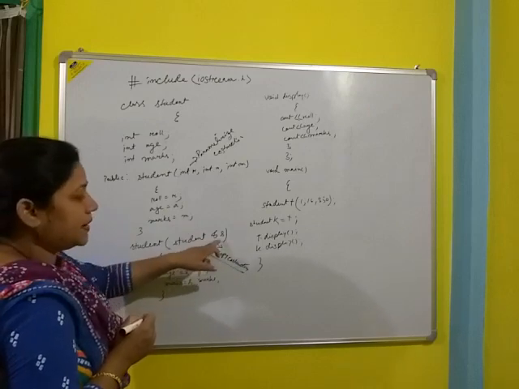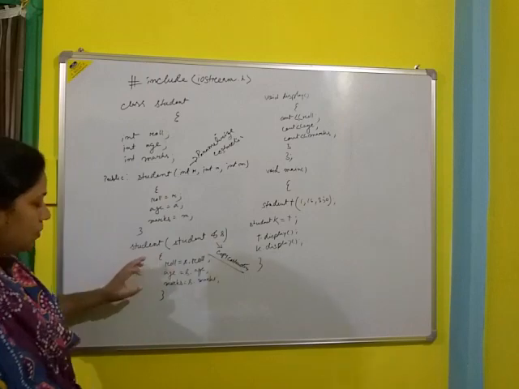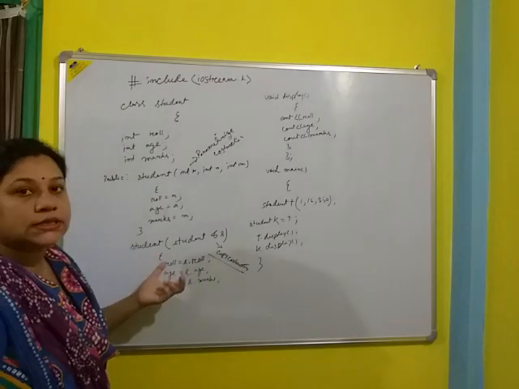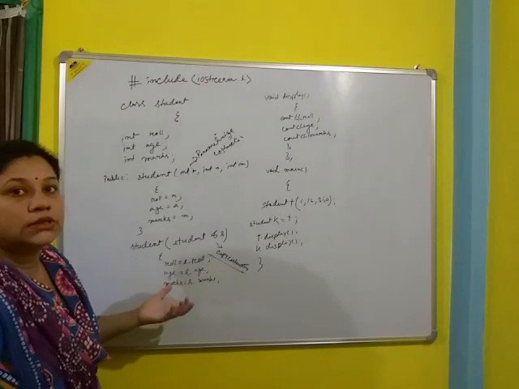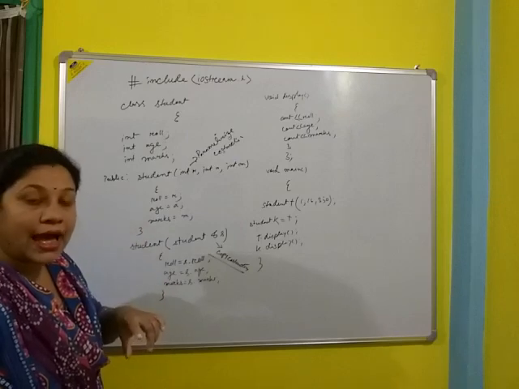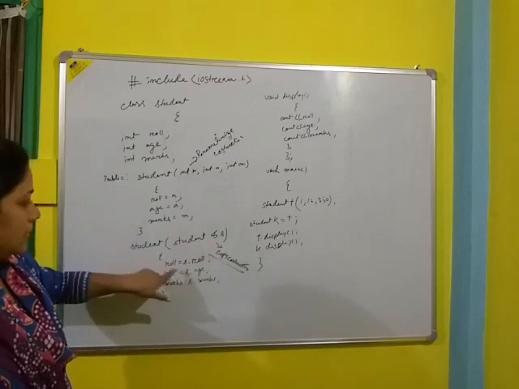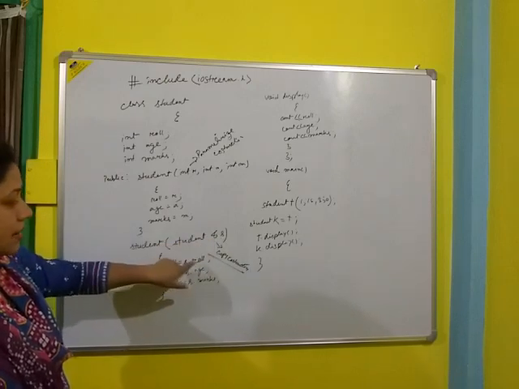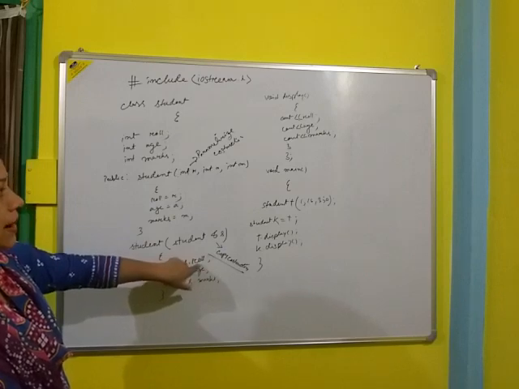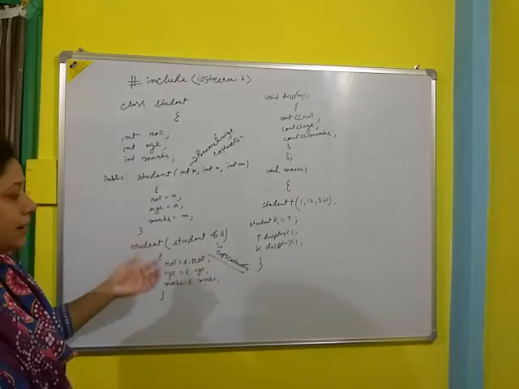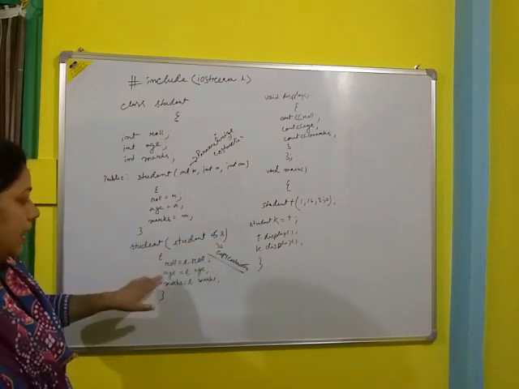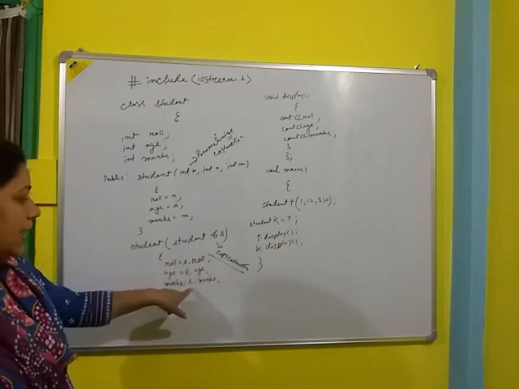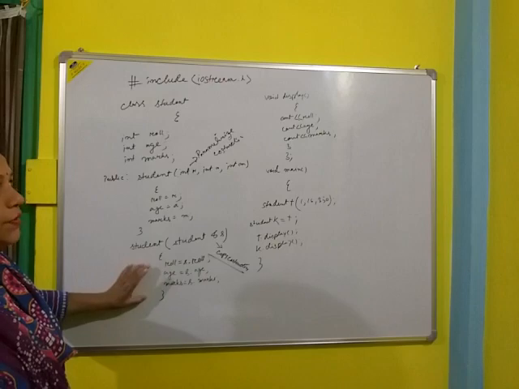So student ampersand s, body of the copy constructor, roll is equal to s dot roll. Because the copy constructor is used to copy the content of one object to another object, here roll is equal to s dot roll. So the object accesses the roll number that was entered for an object, and that will be copied by this object. Again, age is equal to s dot age, then marks is equal to s dot marks. This is the body of the copy constructor.